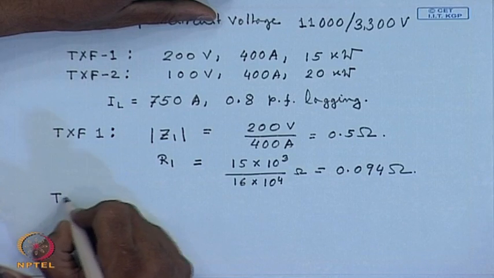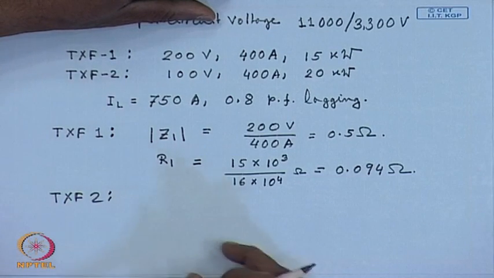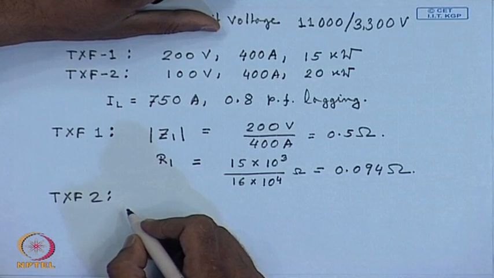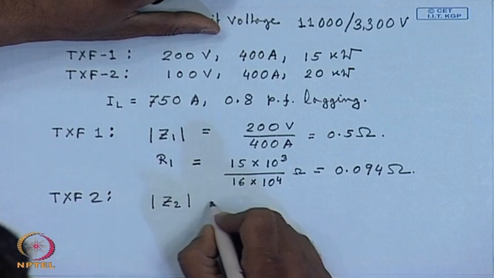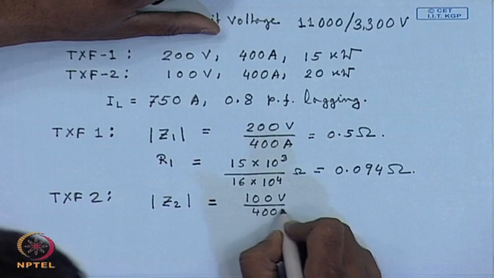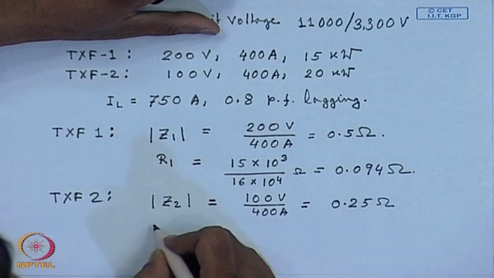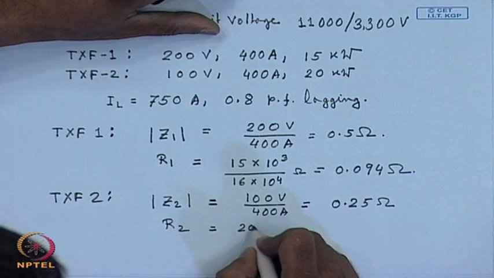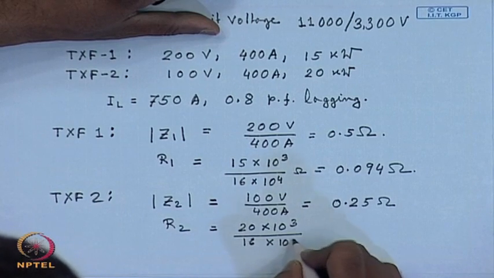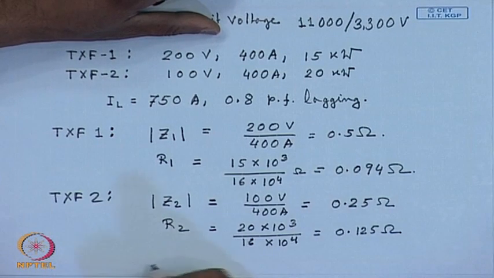For transformer 2, mod Z2 equal to 100 volts by 400 ampere equal to 0.25 ohm, and R2 equal to 20 into 10 to the power 3 divided by 16 into 10 to the power 4 equal to 0.125 ohm.